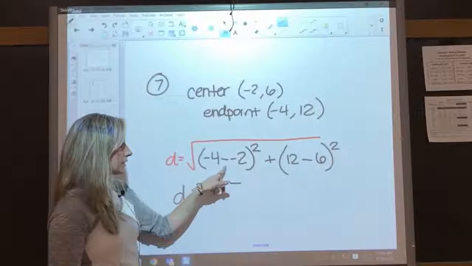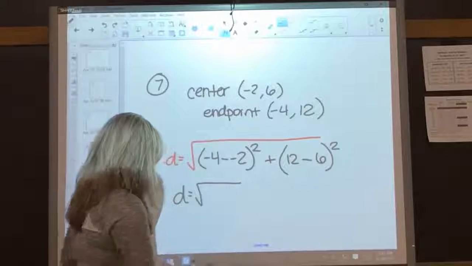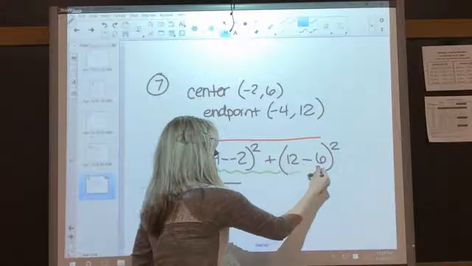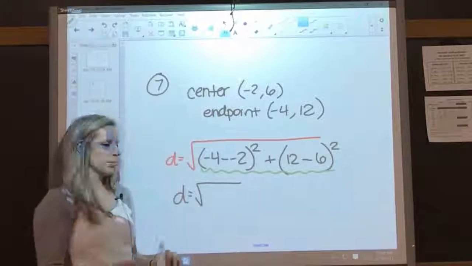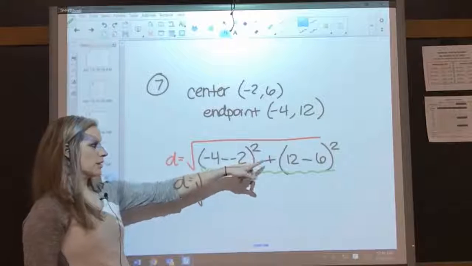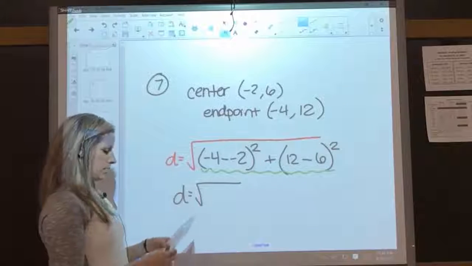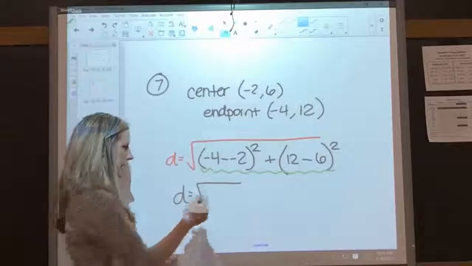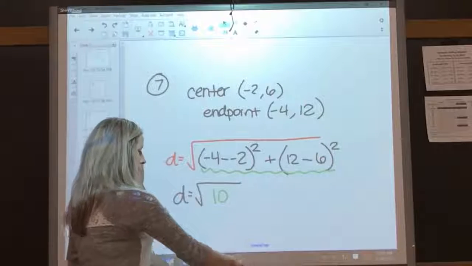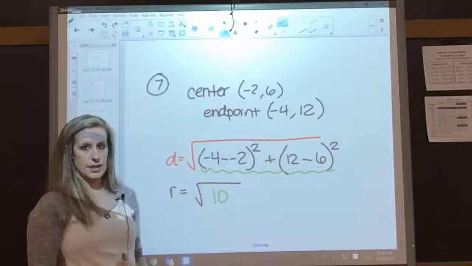So we're going to do -4 minus -2 squared plus 12 minus 6 squared. Do not put the radical. So everything underneath. That's all you're going to put in. Parentheses -4 minus -2 squared plus 12 minus 6 squared. Okay, and you should get 10. So my distance, or you could go ahead and say your radius, equals the square root of 10.